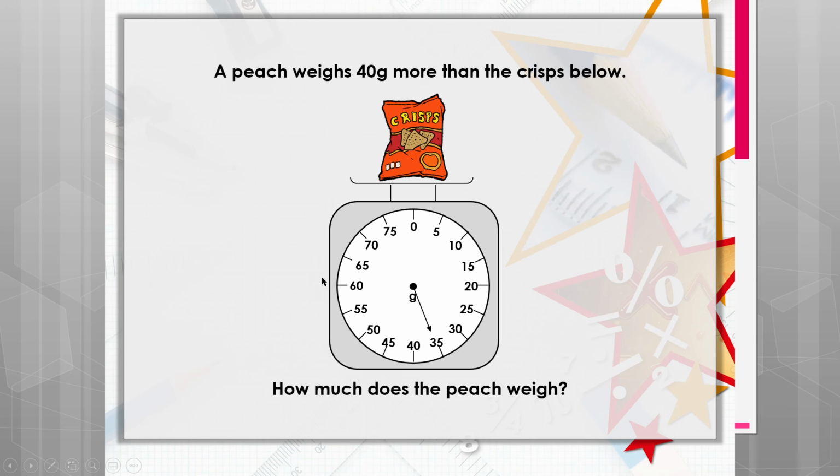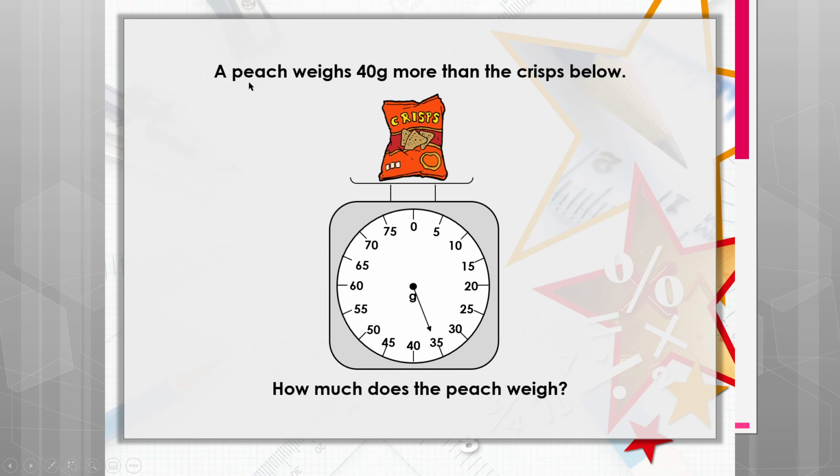Okay, now a peach weighs 40 grams more than the crisps below. How much does the peach weigh? This one you have to really think about because it can confuse you a lot. Here it says that a peach weighs 40 grams more than the crisp below. So here's the crisp and here's its weight. It weighs 35 grams.